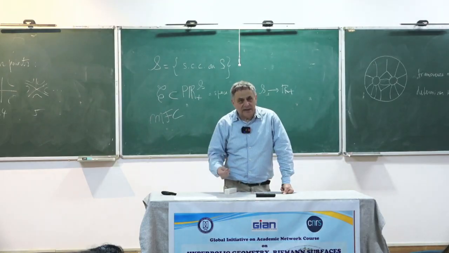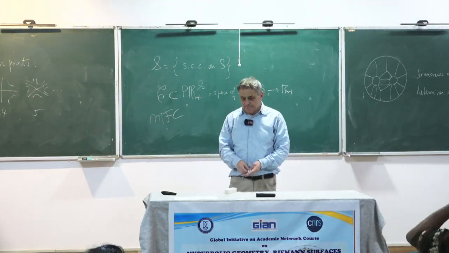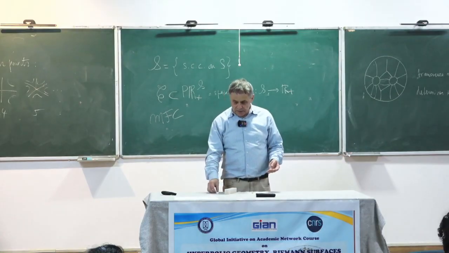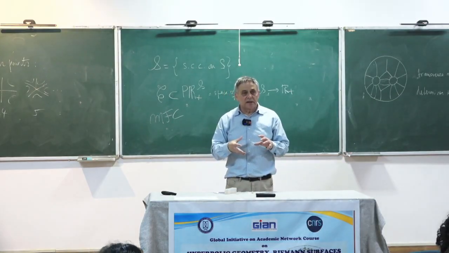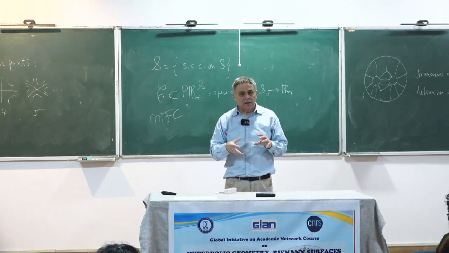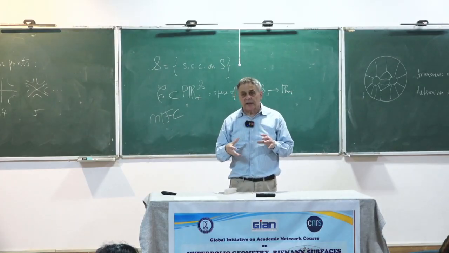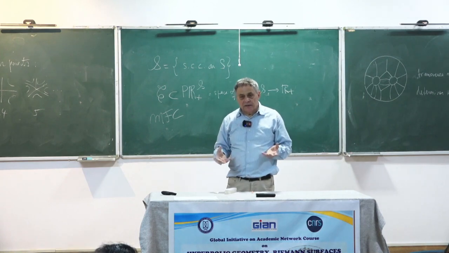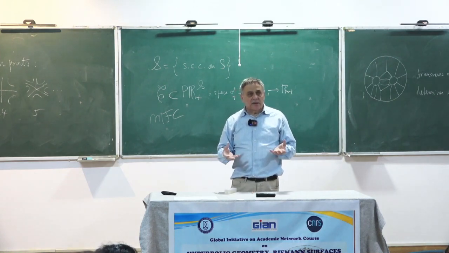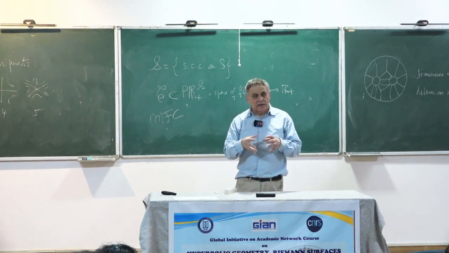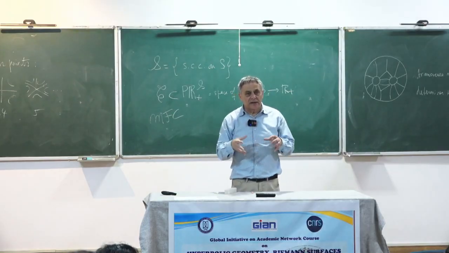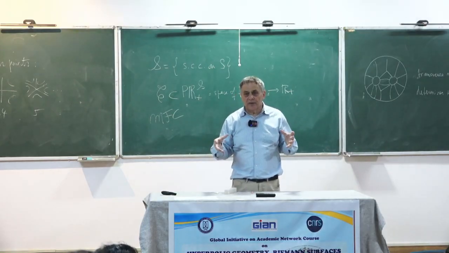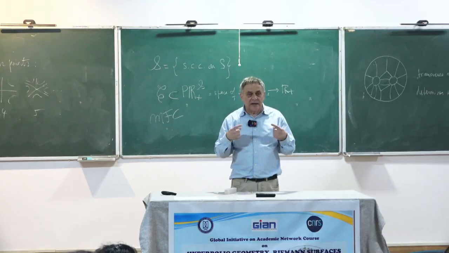Yes, the answer is yes, because, you see, for instance, you can think about the area of a hyperbolic surface. The area is fixed. So there's no way of doing dilations on a hyperbolic surface.